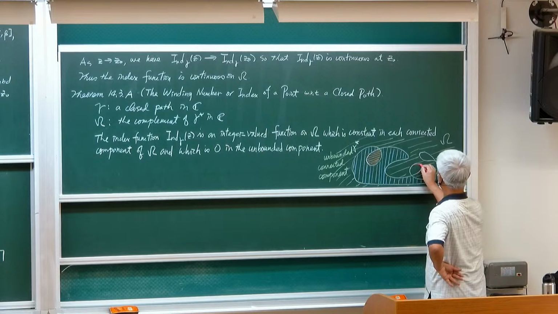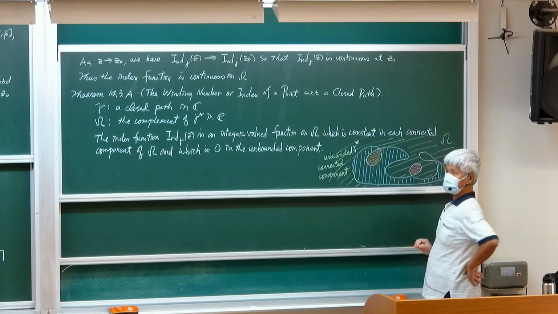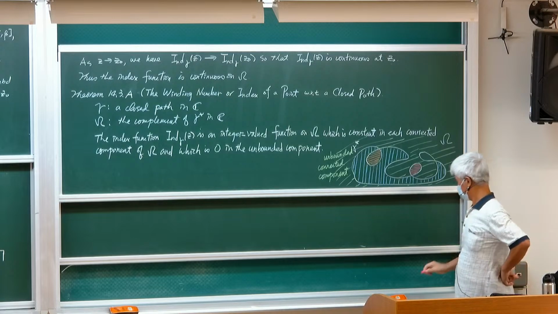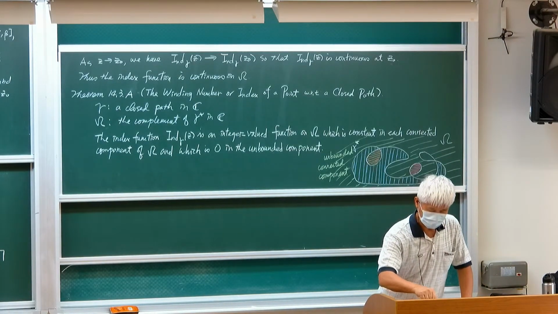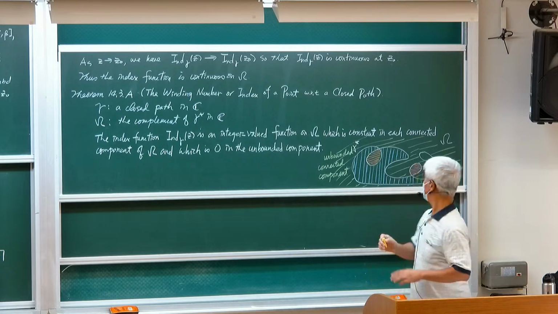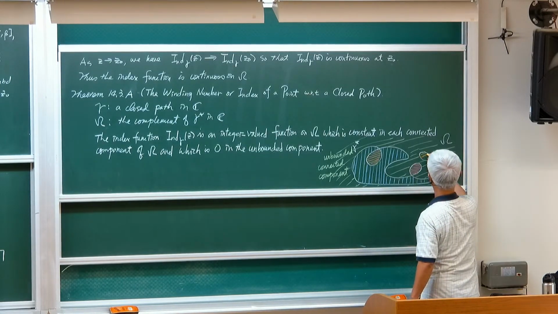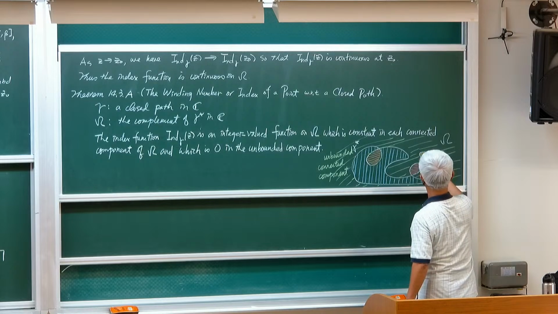This one is also a maximal connected subset, so it's a connected component. And the last one, the yellow one. Okay.